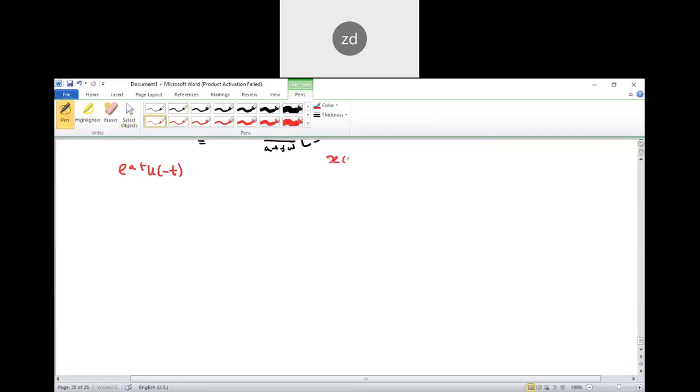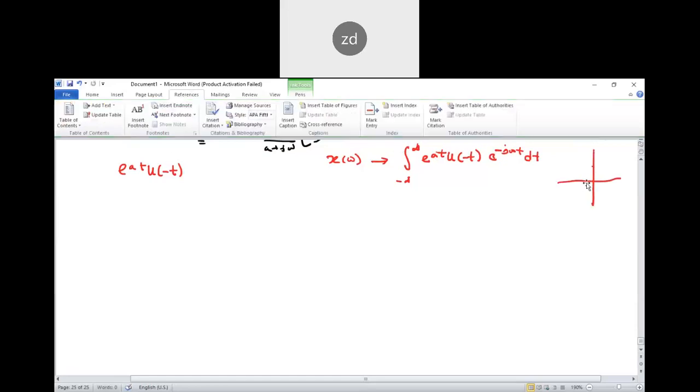The same expression: X(omega), the Fourier transform of the signal, would be equal to the integral from minus infinity to infinity of e^(at) u(-t) e^(-j omega t) dt. So u(t) was made like this.